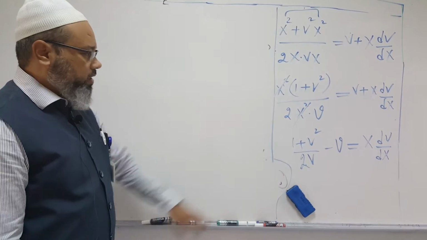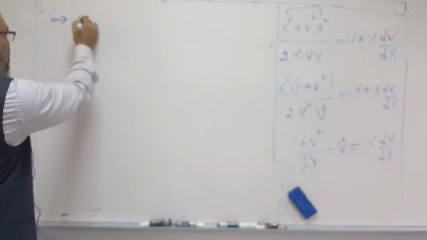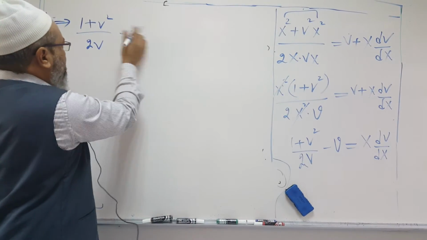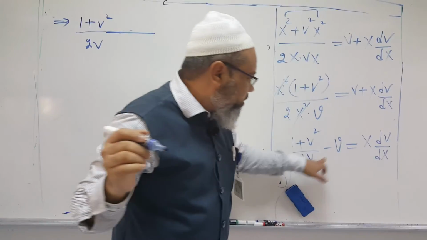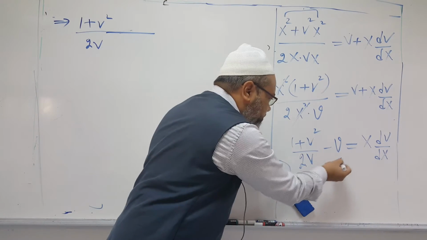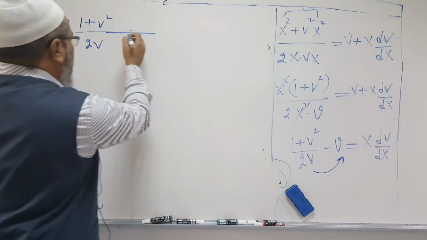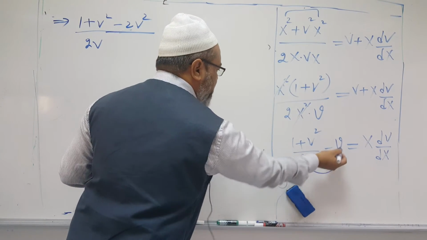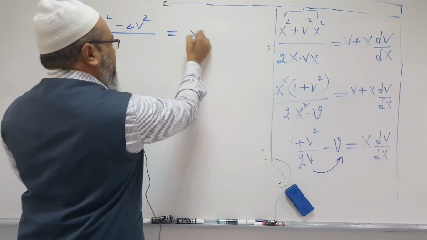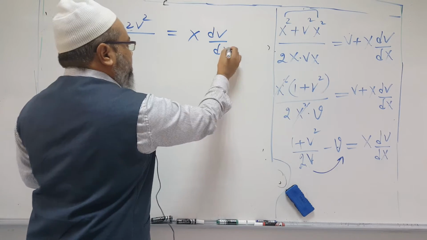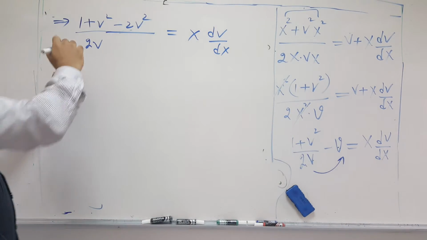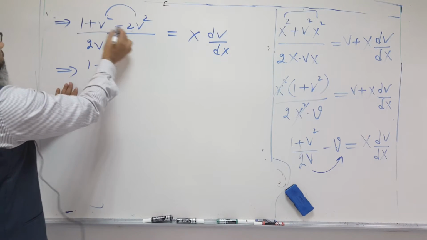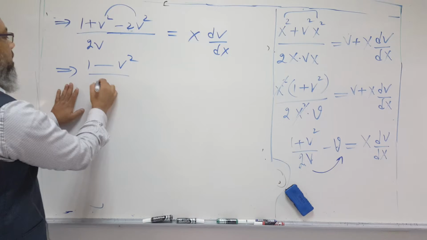So the next step: 1 plus v square, sorry, divided by 2v, multiplied by v, generally this will be multiplied here if there is no denominator, that is, the denominator is 1. Minus 2v square, 2v multiplied by v, v multiplied by v, v square, right-hand side as it is. So these two are the same, so it is 1 minus 2 minus v square.